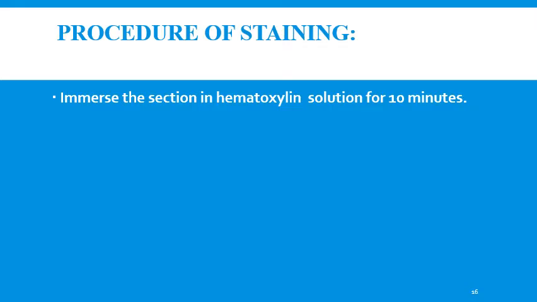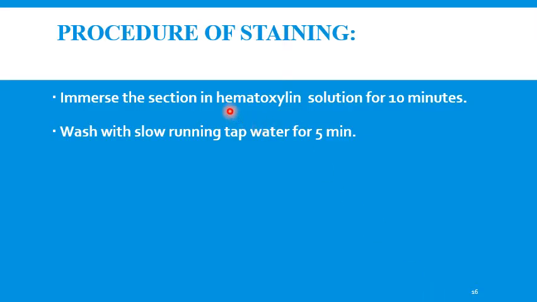We can explain the procedure of the staining as follows. First, immerse the section in hematoxylin solution for 10 minutes. Then wash with slow running tap water for 5 minutes. Why? To remove the excess amount of hematoxylin dye.